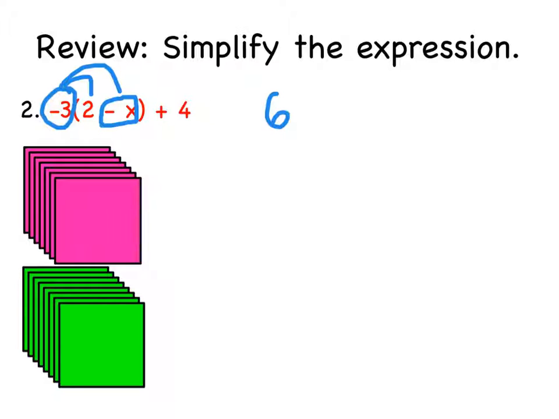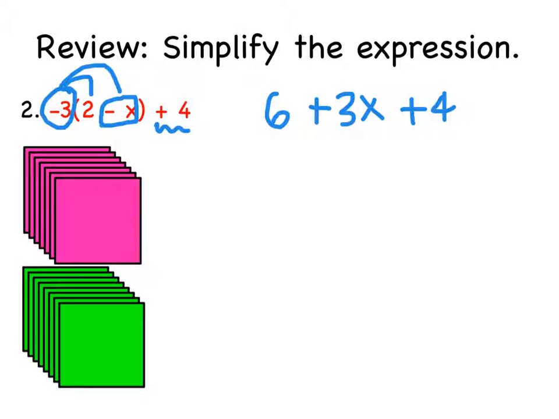Remember, that has to stay negative. That's the sign in front of the term. Negative 3 times negative 1x is going to give me positive 3x. So I'm going to write plus 3x. And then I also want to make sure I include that plus 4 at the end.